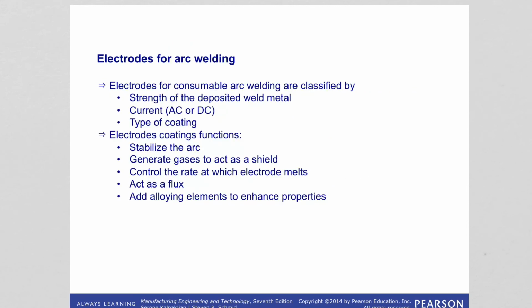So electrodes for consumable arc welding processes are classified according to the following properties: strength of the deposited weld metal, current AC or DC, and type of coating.